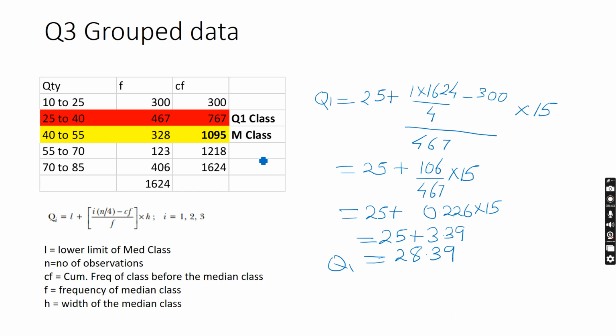So if I do my Q3 position, it was 3n/4, so 1218 position lies here. So this becomes my Q3 class. Now, what will be the lower limit? It would be 55.